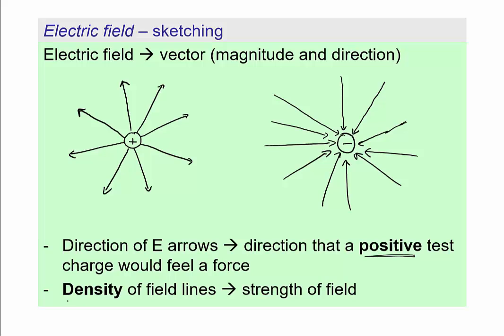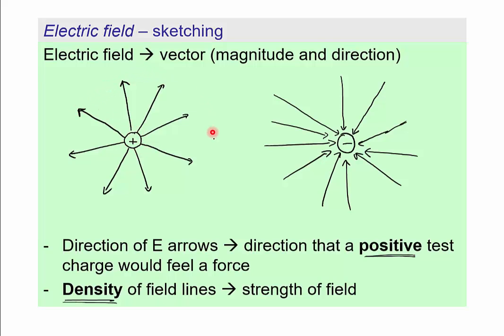And as has popped up down here, it's the density of the field lines which indicates the strength of the field. So if you look over here at this positive charge, right close into the positive charge, the lines are very close together, so it has quite a high density of lines, which means the field is very large in the center.